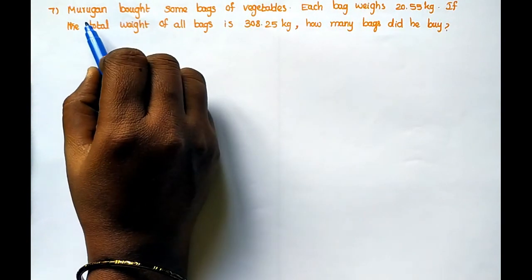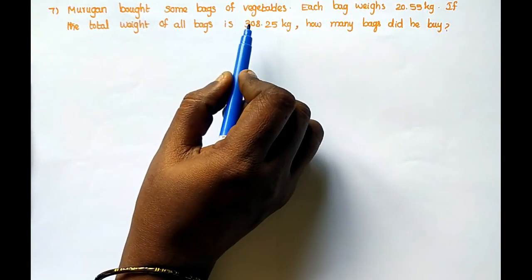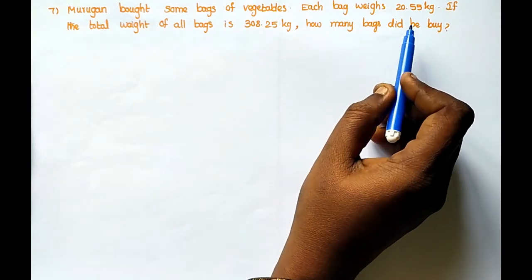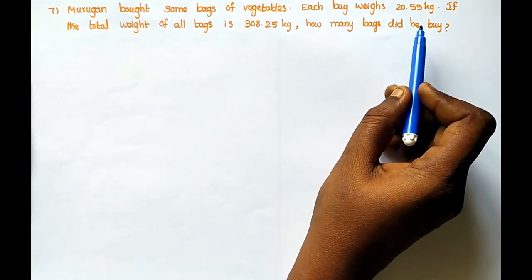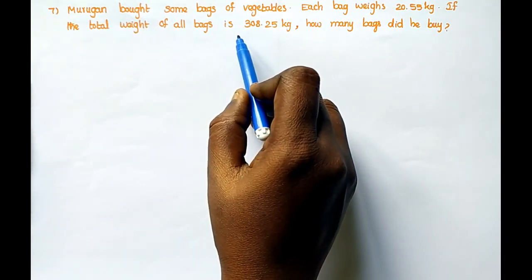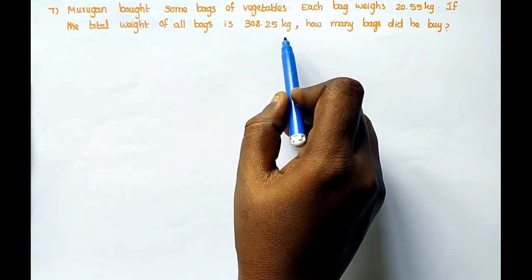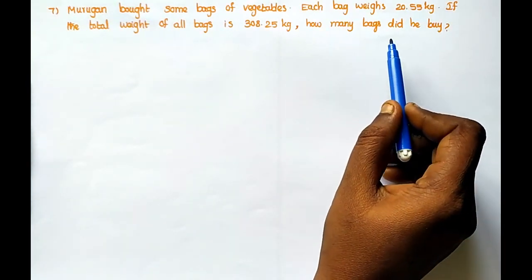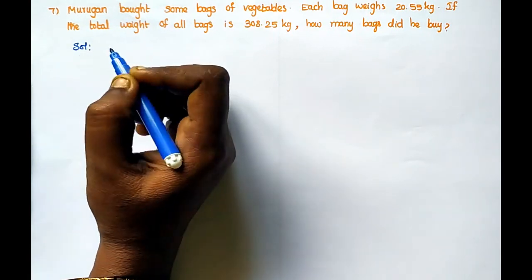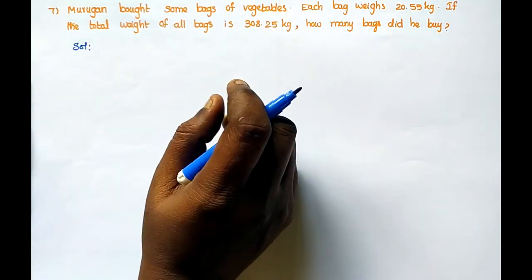Seventh sum. Murugan bought some bags of vegetables. Each bag weighs 20.55 kg. If the total weight of all bags is 308.25 kg, how many bags did he buy? Listen, Murugan bought some bags of vegetables.